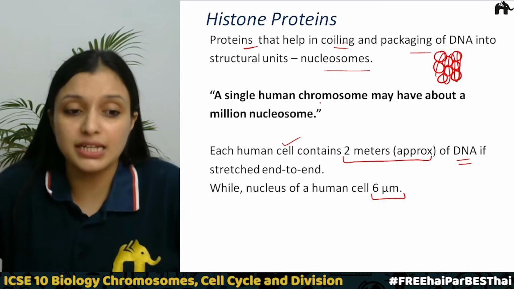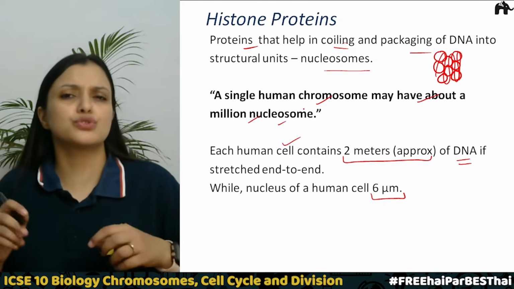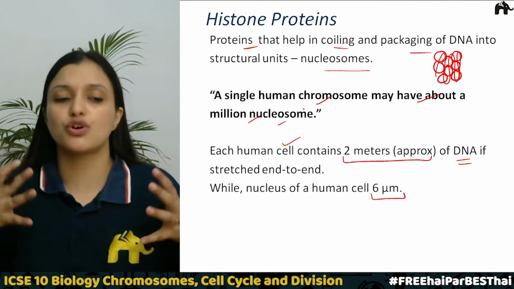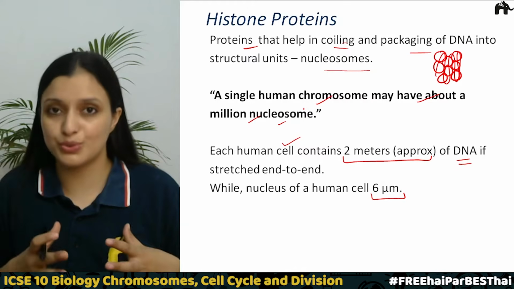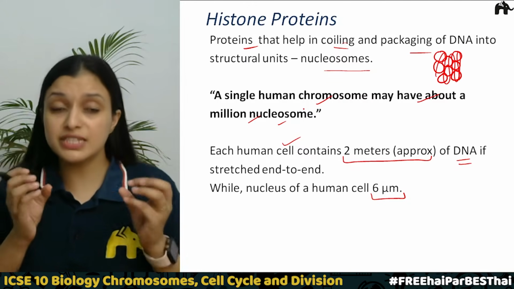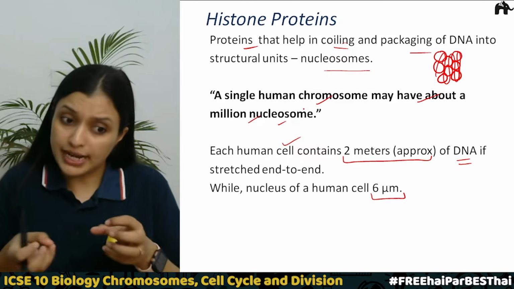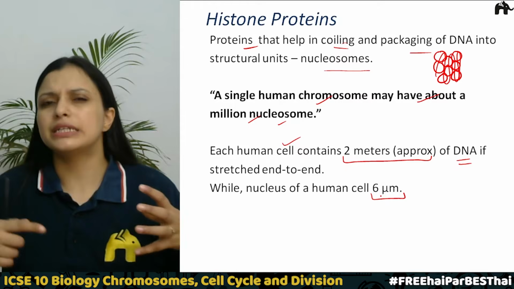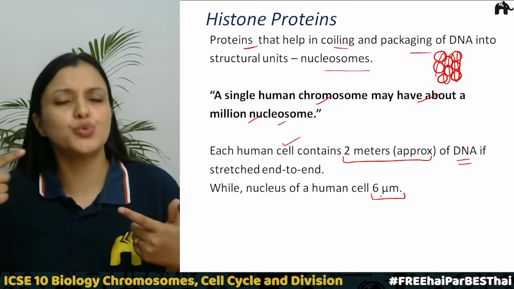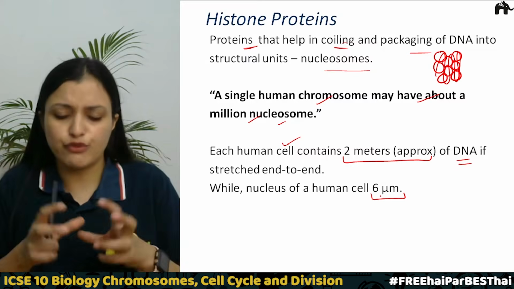A single human chromosome may have millions of nucleosomes. So this DNA needs to be condensed, right, so that we can fit it inside the nucleus. Now each chromatin is coiled, super coiled, and it forms chromosomes.